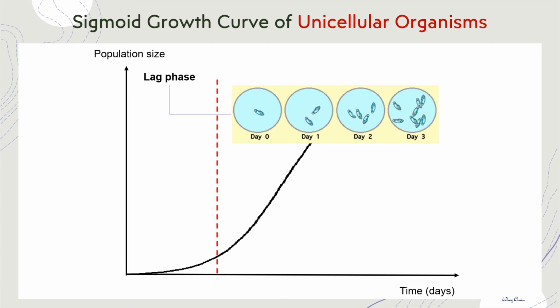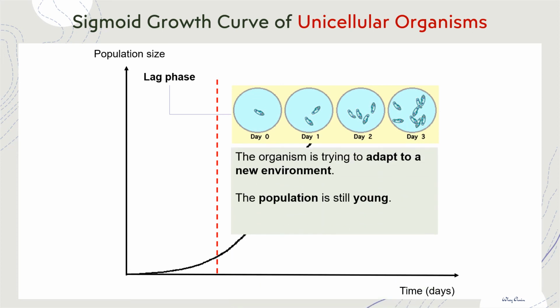So the most suitable growth parameter for unicellular organisms is to count the number of these organisms, or we calculate the population size.